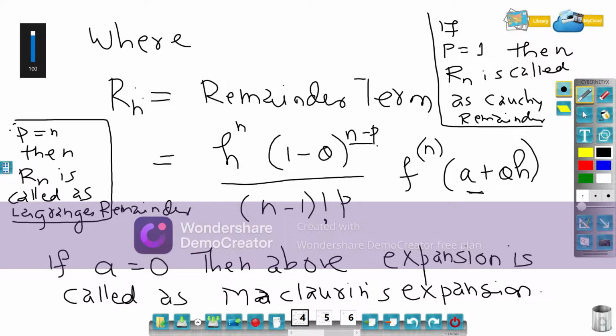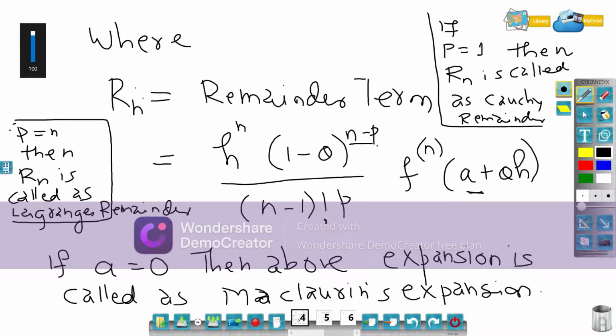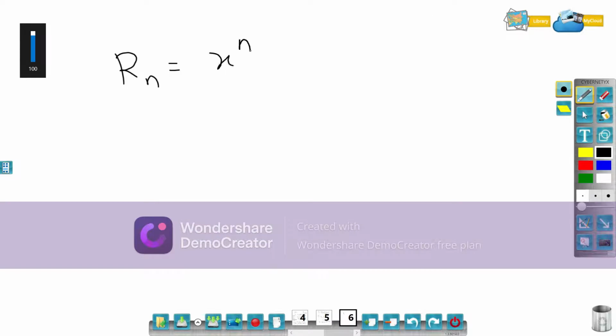So Rn is equal to, now instead of h we will say x, because we are finding in terms of x. So it will be x raised to n upon n factorial, e raised to theta x. You should note that theta is between 0 and 1.